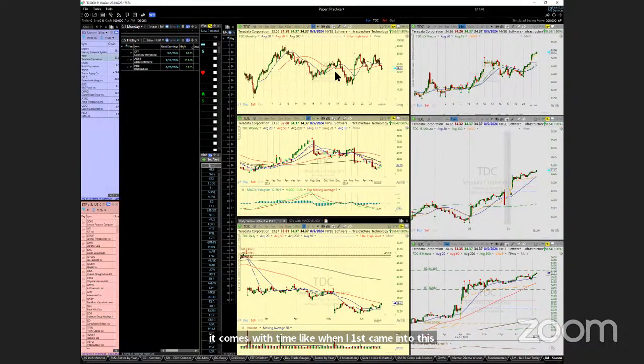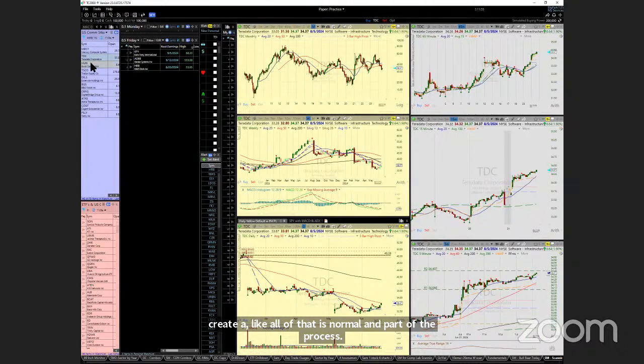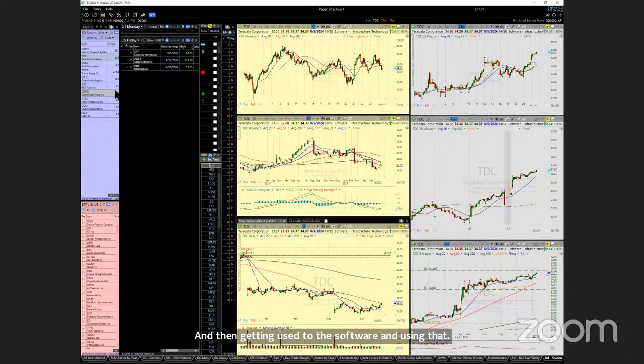What moving average? How do I create them? All of that is normal and part of the process. And then getting used to the software and using that. So anybody new, it's really meant to highlight the point: develop your own process and others can sort of guide it.